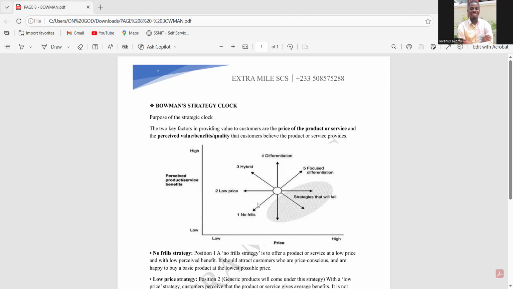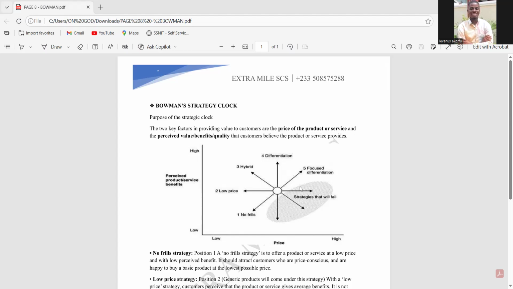These 5 strategies are various combinations of price and perceived quality, benefit, or value that, when you employ them as a strategic manager, which we are all growing into becoming, will help us to gain competitive advantage over our competitors.